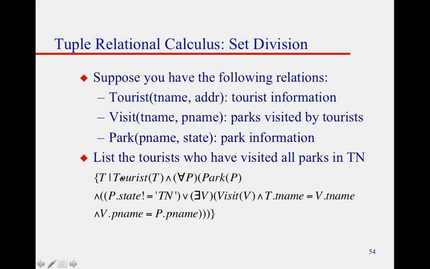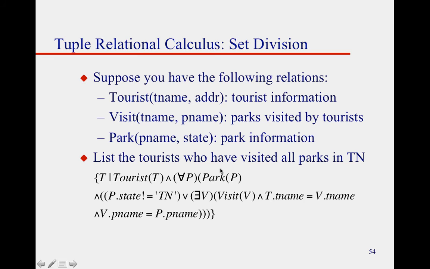So the free variable is tourists, and for all parks, I have either the park state is not equal to Tennessee. So if the park was in Colorado, I don't care about it. I don't care whether the tourist has visited a park in Colorado. So if the park state is not equal to Tennessee, that's fine.